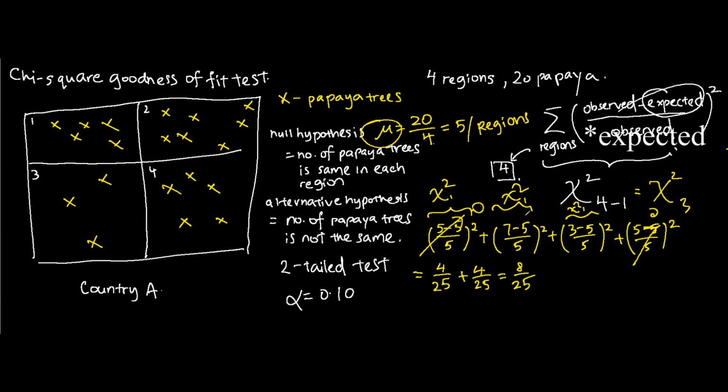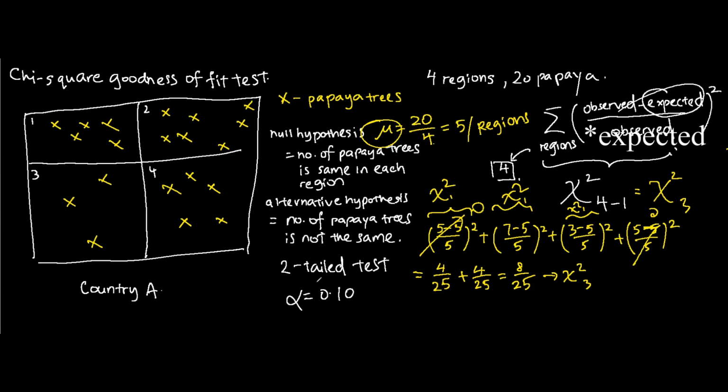So my chi-square statistic is 8 over 25. All right, so we are going to look at the 3 degrees of freedom to see whether this chi-square statistic falls outside the range or within the range itself.